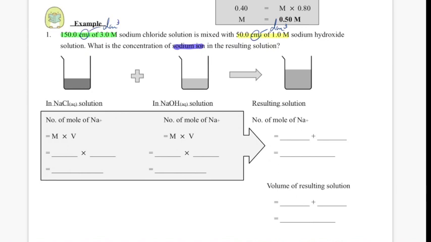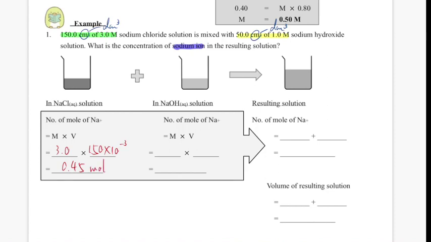And then let's work out the total number of mole of sodium ion. So in the first example, we have sodium chloride solution, molarity multiplied by the volume. So molarity we got 3.0, and the volume should be 150 multiplied by 10 to the power of minus 3. So the resulting number of mole should be 0.45 mole.